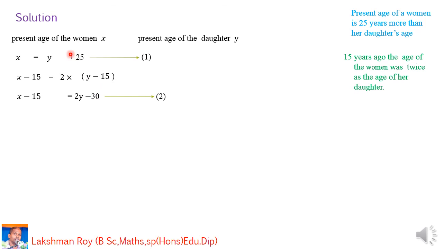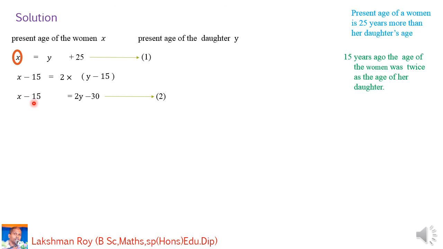Now I got a pair of simultaneous equations. Now I am going to solve them. Let's see how to solve. Here x is the subject. Remember, when solving simultaneous equations, if one variable is the subject, you can substitute this variable into the second equation.